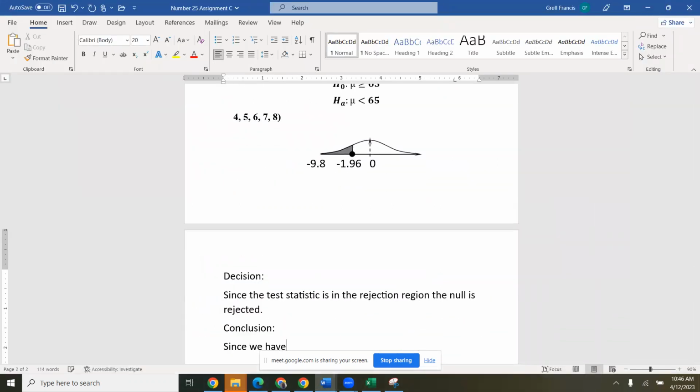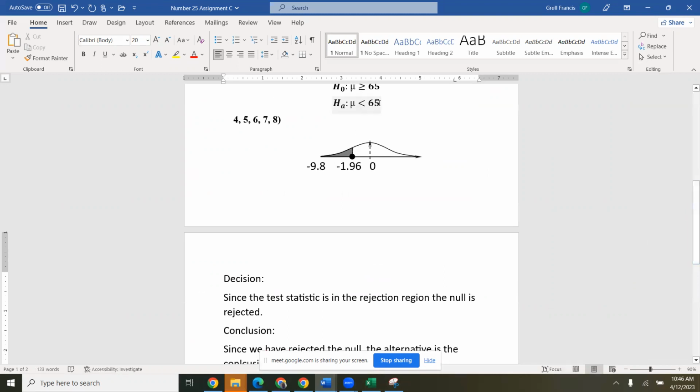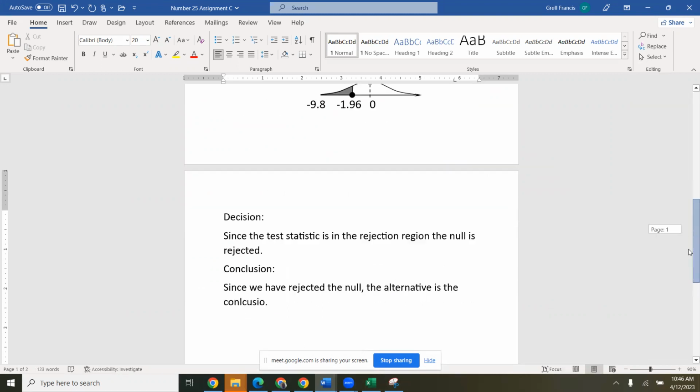Since we have rejected the null, the alternative is the conclusion, and we have to state it in words. Where is the alternative? Here it is. The mean is less than 65. That's what it is saying.